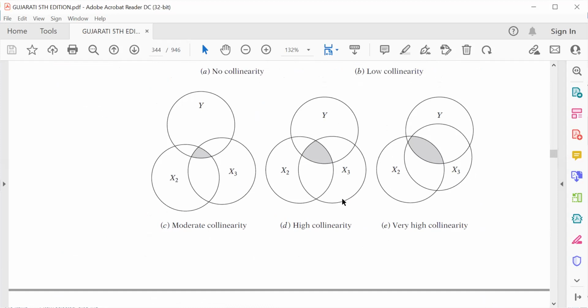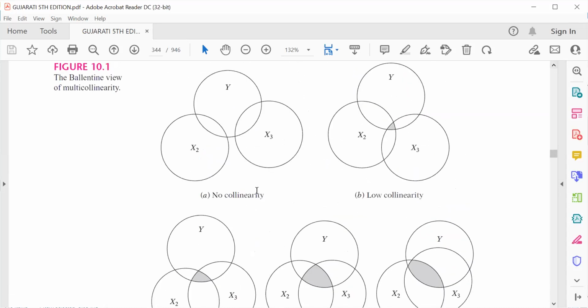This is a high multicollinearity because some part of X2 is equal to X3. This is moderate because there is less multicollinearity between X2 and X3. And if we have no collinearity, it is impossible to have no multicollinearity at all, because usually we have low collinearity.